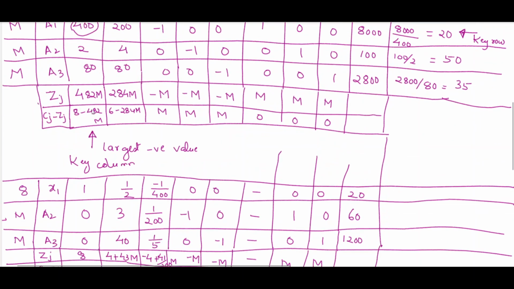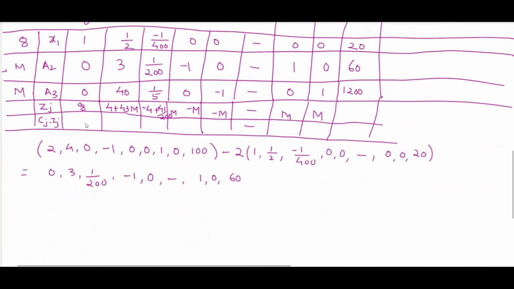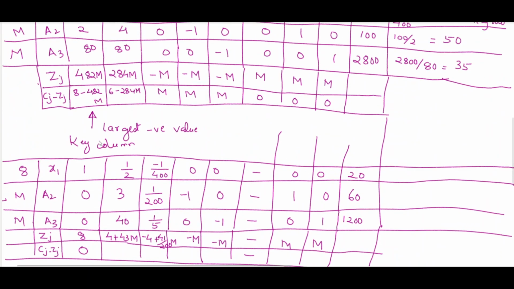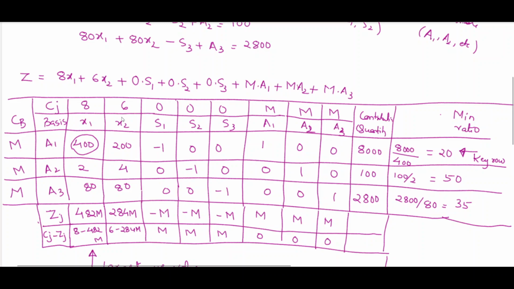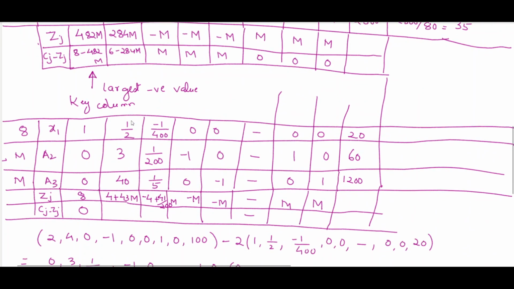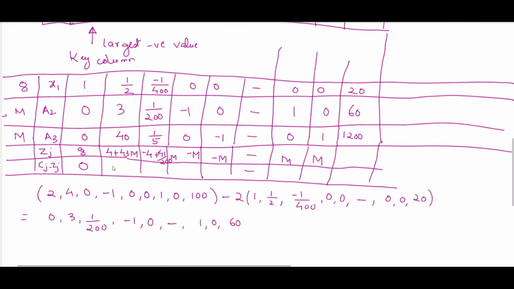This value is 8. 8 minus 8 is equal to 0. So first column it is your 0. That means for x1 it is 0. For x2 it is 6. 6 minus of 4 minus 43 M, so it will be your 2 minus 43 M.